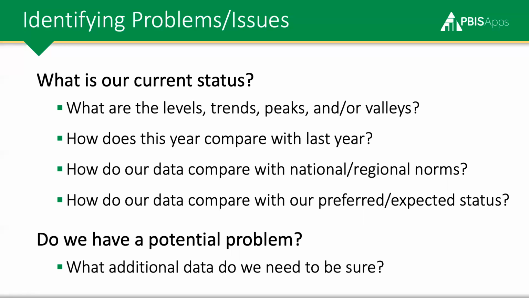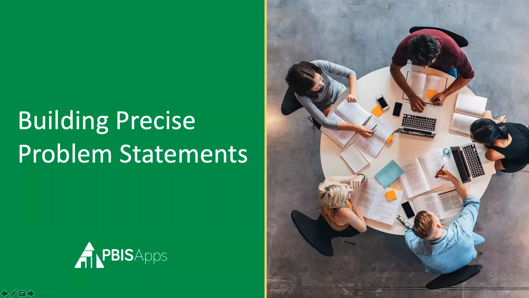How is our data comparing with what's going on with other schools similar to ours? So comparing our data with the national and regional norms. How does it compare with our preferred or expected status? Do we need any additional data beyond that? This is a good place to start, looking at what our current status is and starting to build our precision problem statement.